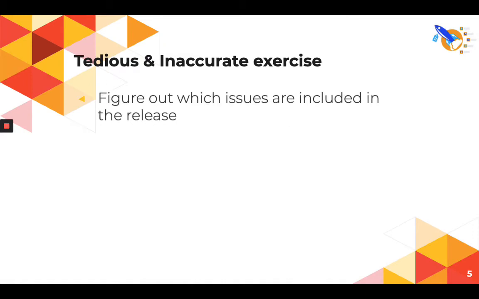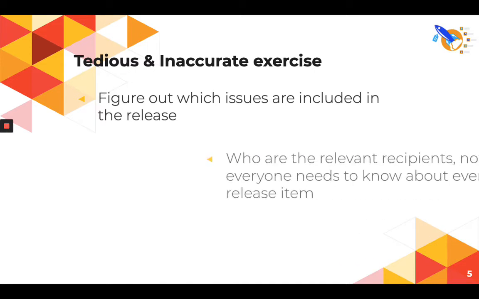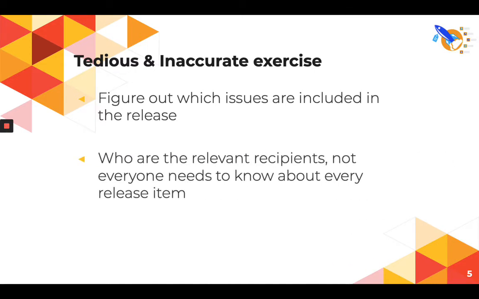So the first step is figuring out which issues are to be included in the release notes. If you're using something like Jira or any other project management tool that allows you to split your software development process into multiple releases, you can easily do that. The difficult part is who the relevant recipients are and what they are supposed to know.